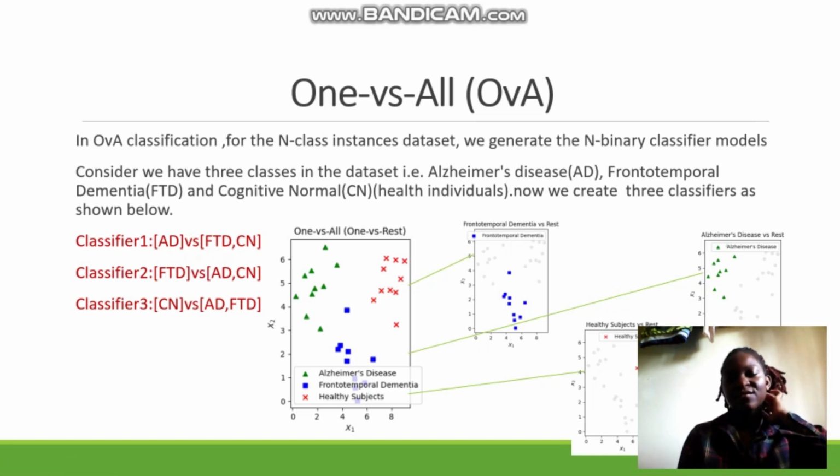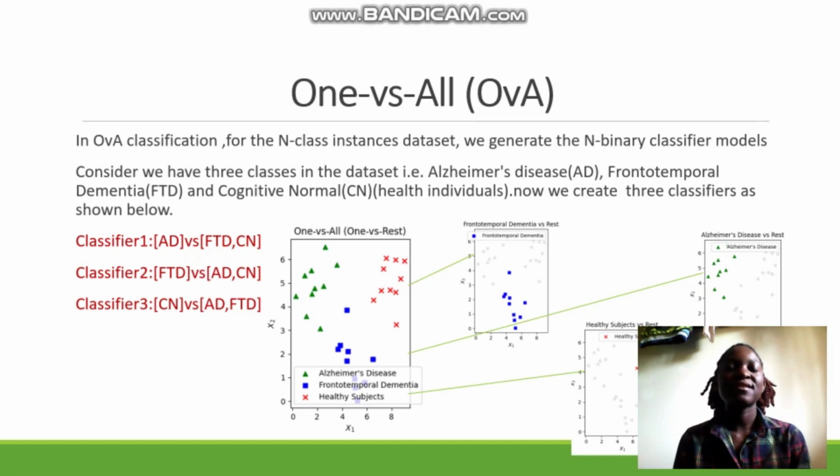So you have to create 3 binary classifiers. What I mean is that the number of classes in your data set has to be the same as the number of binary classifier models.